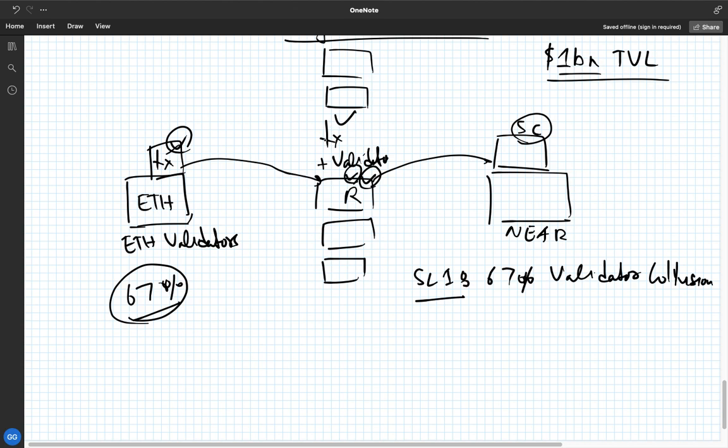So now the problem is that there are so many relays in the network, and one of those relays will also take the actual honest transaction, the real block on the Ethereum mainnet, and send that across.